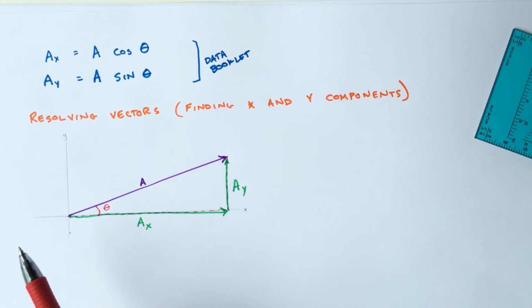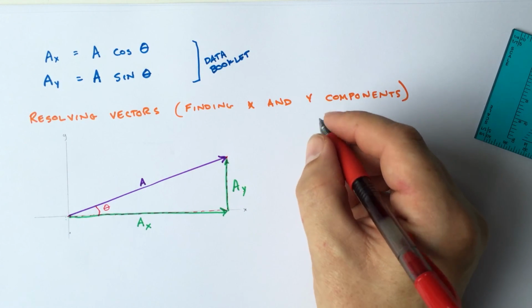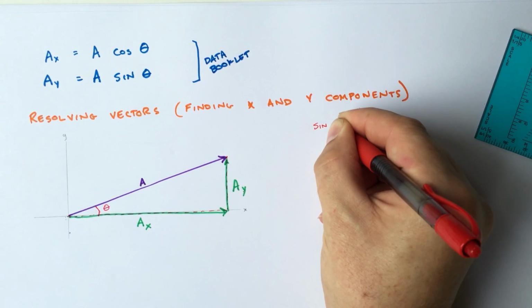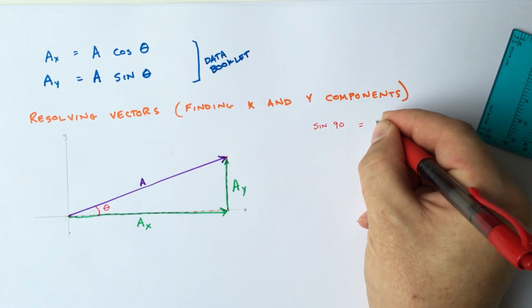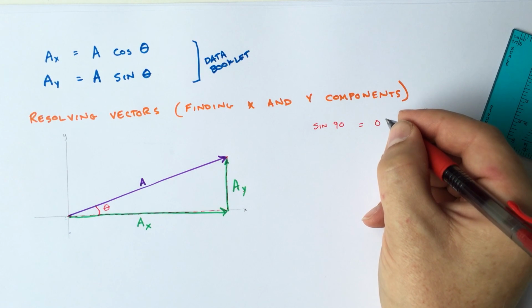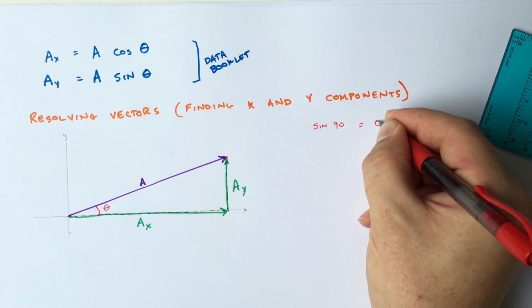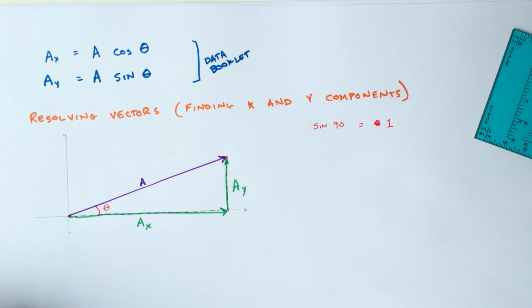When you're doing this, you have to make sure that your calculator is in degrees mode because you'll be using degrees for your angle theta. My favorite way to check to see if a calculator is in degrees mode when I pick one up is I like to do the sine of 90, and it should give me 1.